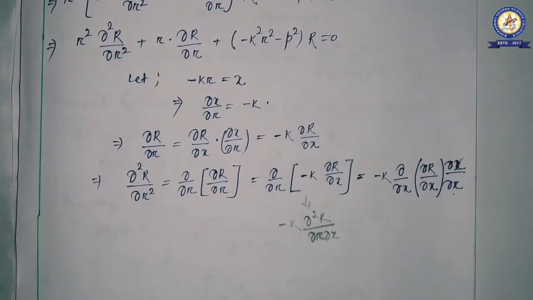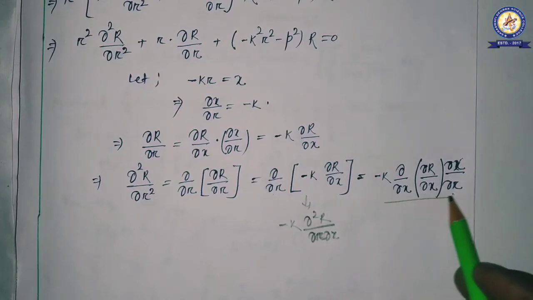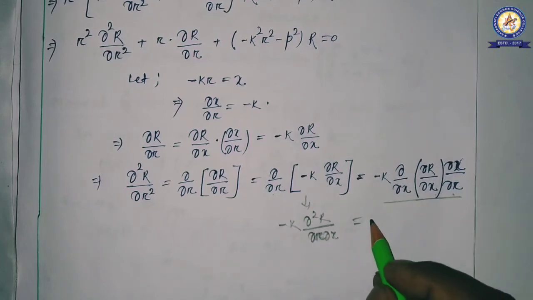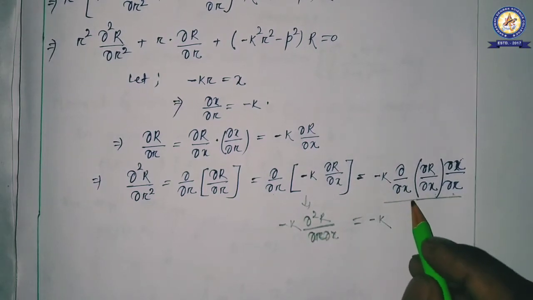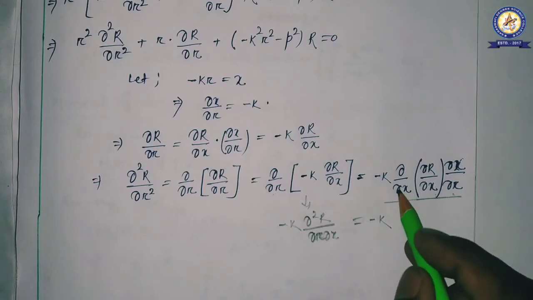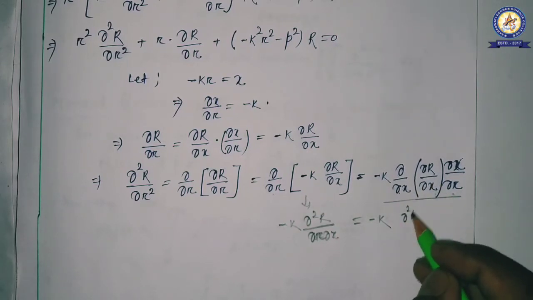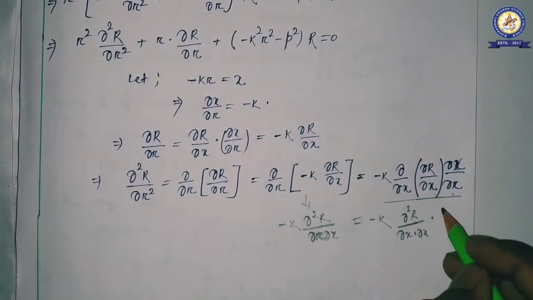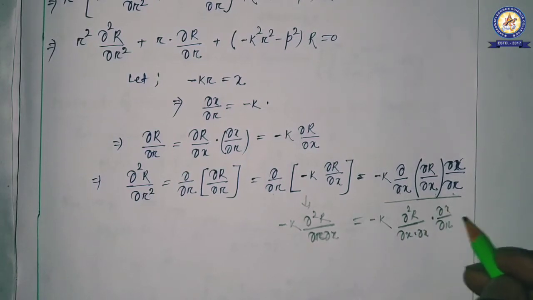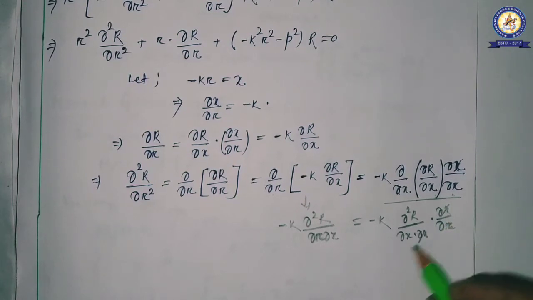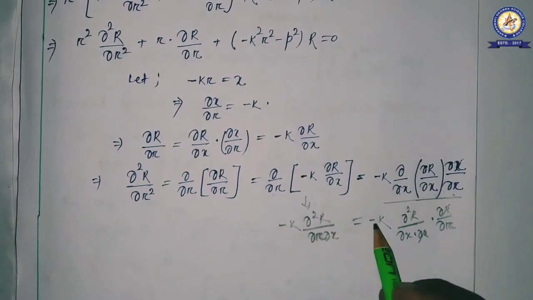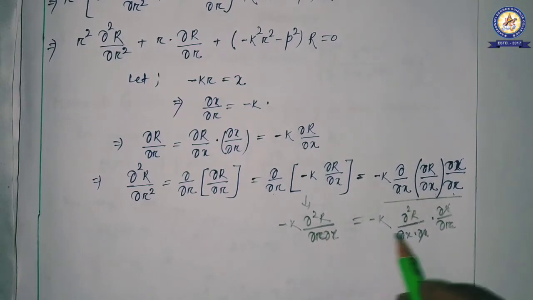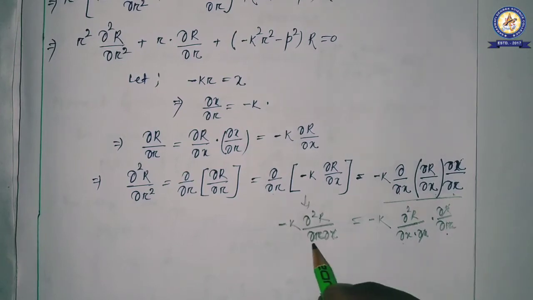You just consider this value also nothing but this much. How will it be? See, minus k, here del by del x of this one will be del square R by del x square, or del x into del x you can write, del x by del r. So here del x got cancelled and we found minus k del square R by del x into del r.